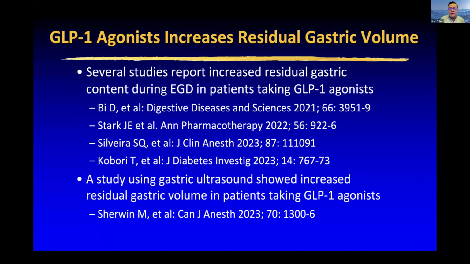The biggest problem is the patients who are using these compounded drugs, where we have no idea how often they're supposed to take them. Also, simultaneously, there are reports of increased residual gastric content in studies during EGD, as well as gastric ultrasound studies.